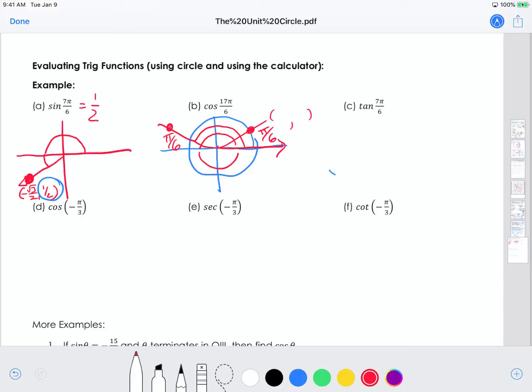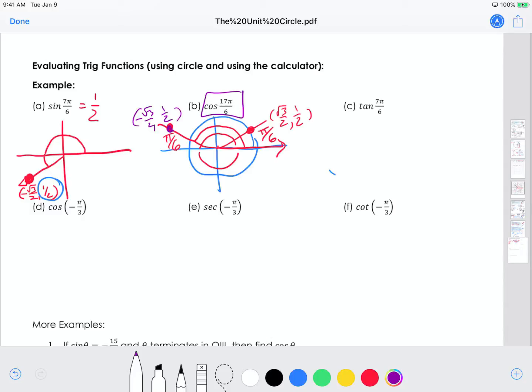And at pi over 6, my ordered pair would be √3/2 and 1/2. So this point over here that we're looking for is going to be -√3/2, 1/2, because it's in the second quadrant. So this is asking for the cosine of 17 pi over 6.